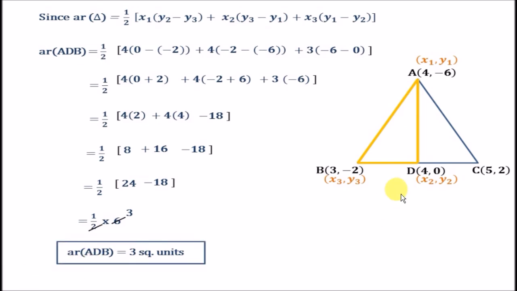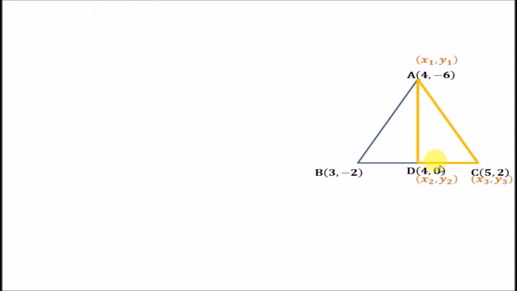Now for the other triangle, triangle ADC, the only difference will be that now the coordinates x3, y3 are coordinates of point C. Now let's put the values. Half into x1 is 4, y2 minus y3 will be 0 minus 2, plus x2 is 4, y3 minus y1 will be 2 minus 6, plus x3 is 5, y1 minus y2 will be -6 minus 0.